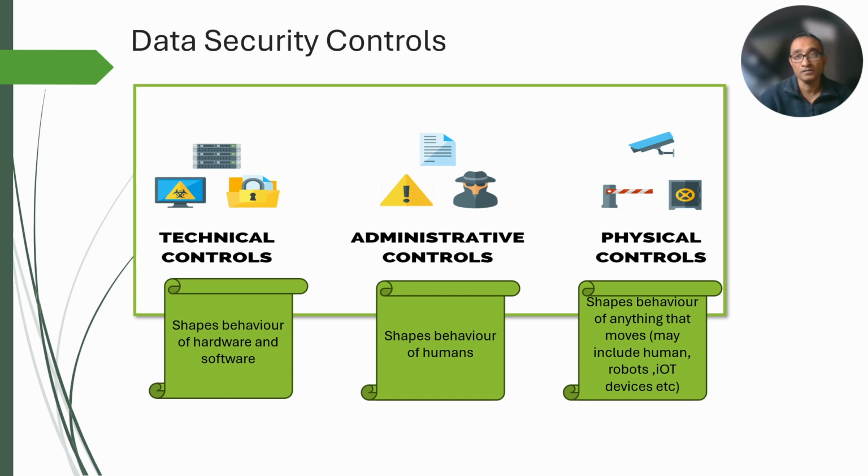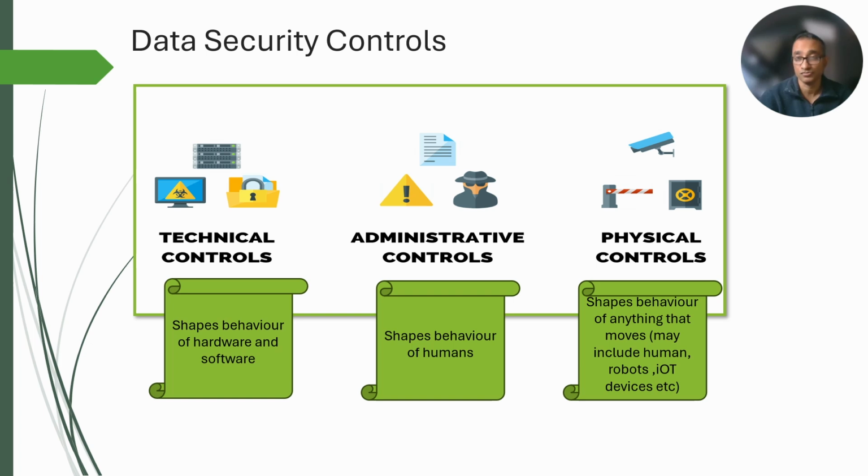Now, at a very high level, you can define security controls into three broad categories. One is technical controls, the second one is administrative control, and the third one is physical control. Looking at the definitions of all these three controls, you may wonder why we would have something related to physical control for data, which is intangible in nature.